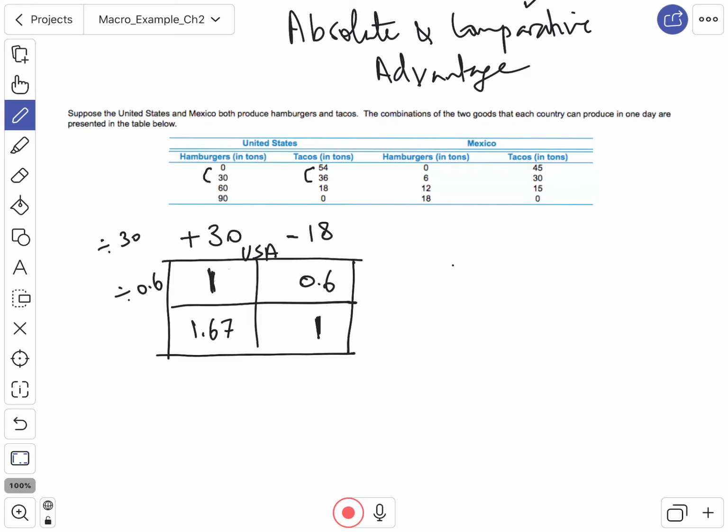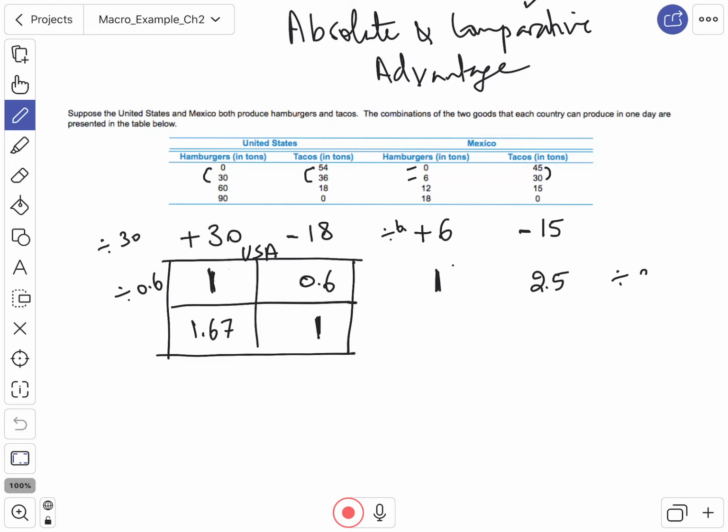If you repeat the same thing for Mexico, as you can see here, from 0 to 6, in other words, an additional 6 tons of hamburger implies a loss of 15 tons of tacos. If I divide both sides by 6, 6 over 6, we're going to say that 1 unit of hamburger is equal to 15 over 6, 2.5 tons of tacos.